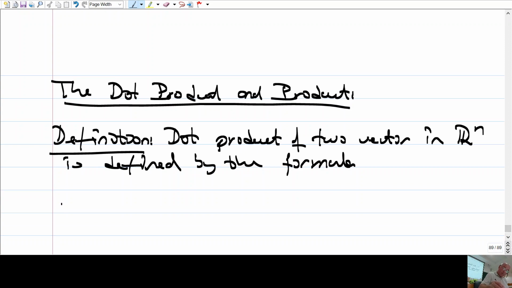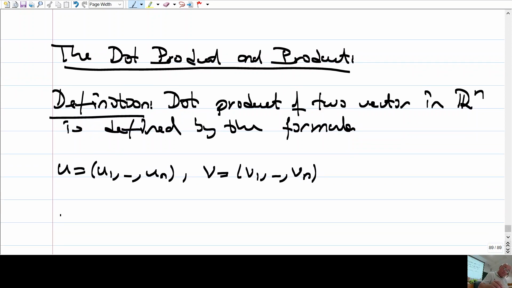Let's say u is u1 up to un, and v is v1 up to vn. Then u dot v is defined to be the following. You just multiply the coordinates with the same indices and add them up.